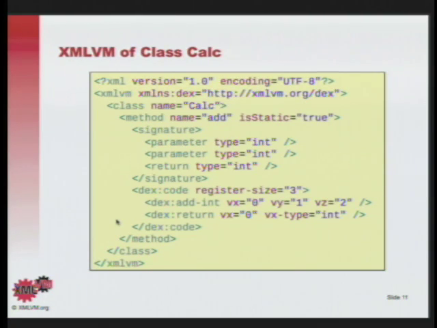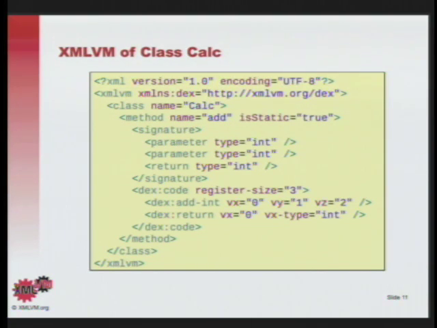You see there are only two instructions here: an add-int instruction and a return instruction. The add-int instruction makes reference to three registers, Vx, Vy, Vz. Inside the Dalvik virtual machine, certain registers are initialized with the input arguments.